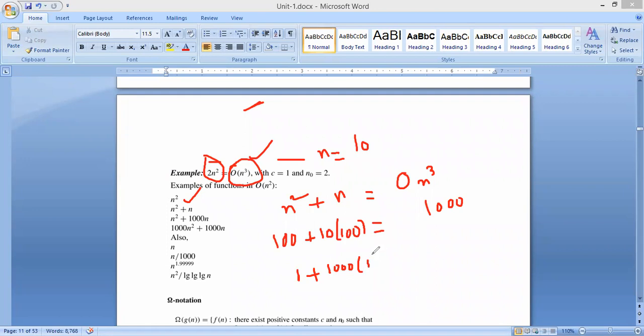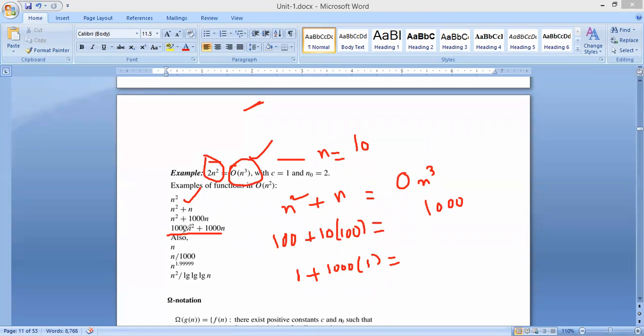Here the value of n is 1. Here we can take one common from this 1000.